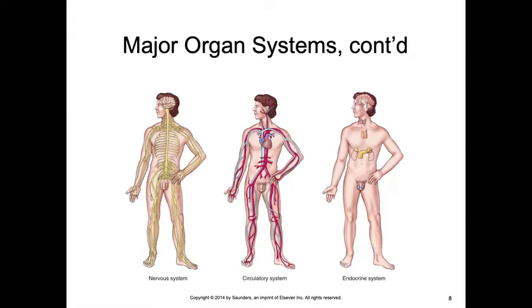If we didn't have that oxygen, we wouldn't be able to make as much energy, and we would likely die. In addition, the blood also carries away waste products that build up in the body so that they can be cleared and eliminated by a few systems we're going to talk about in a minute: the urinary system and the respiratory system.